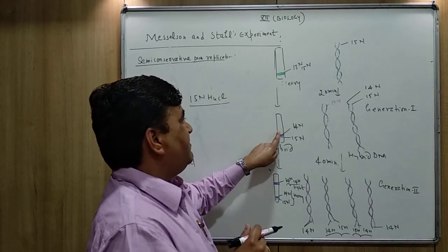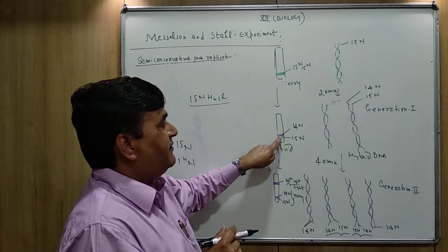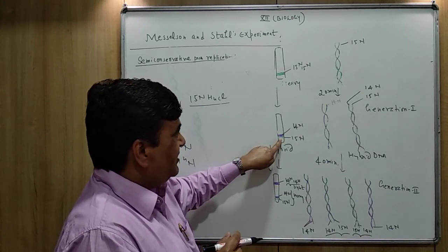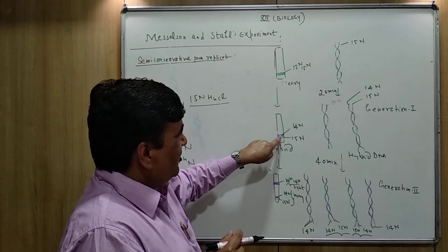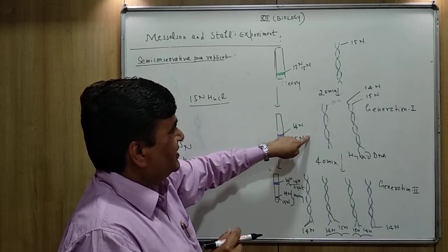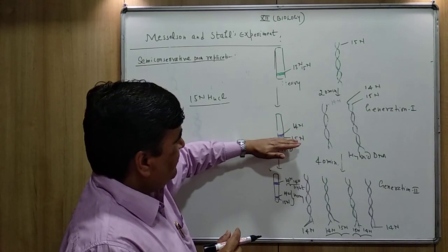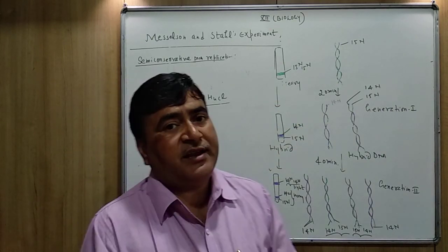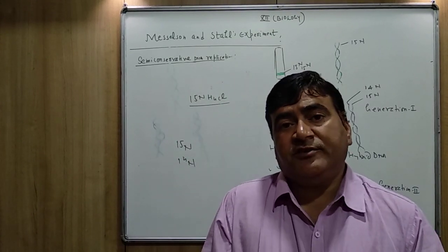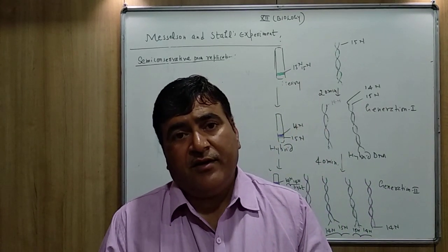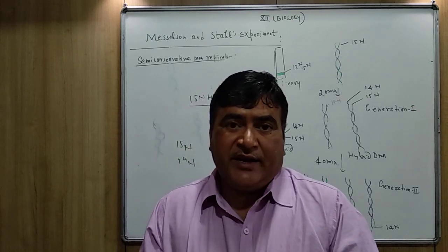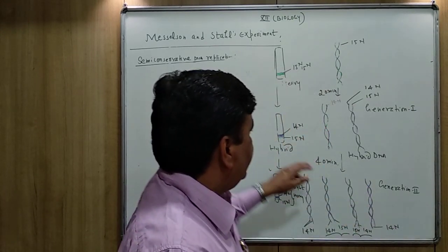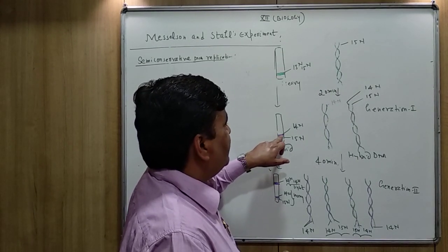And when he observed the two different layers in the centrifugation, he found the 15N DNA molecules, being heavier, settle down at the bottom, and the DNA molecules labeled by 14N, or which retain 14N, are deposited just above.